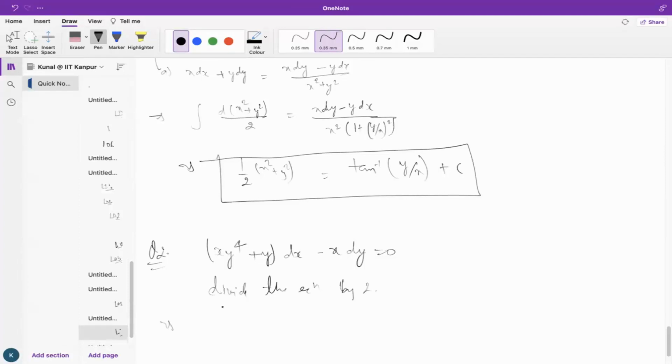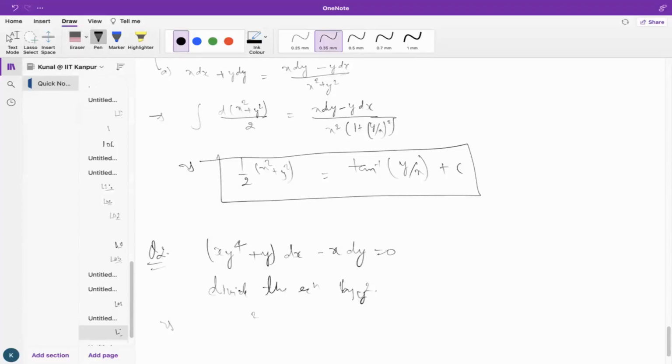So if you divide this equation into two parts, sorry, actually I made one mistake here. We have to write here y square.